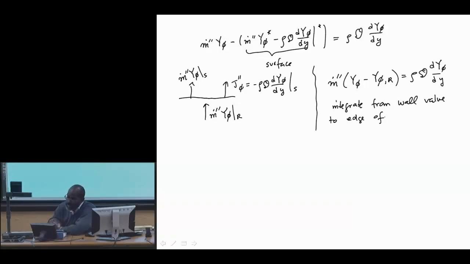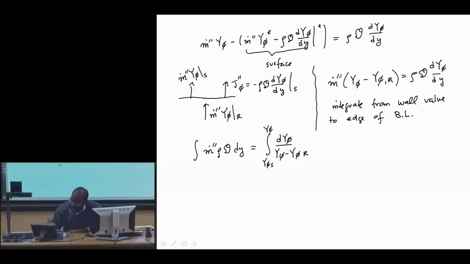And so we get m dot double prime over rho d dy is equal to dy phi over y-phi minus y-phi reservoir value, where this is y-phi surface, y-phi infinity, 0, delta. Okay?